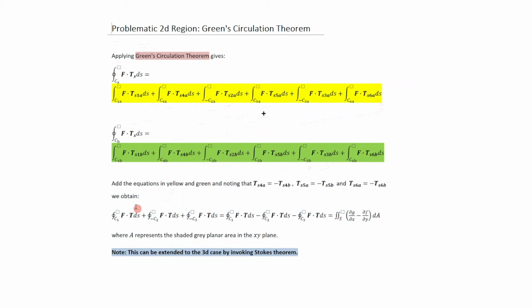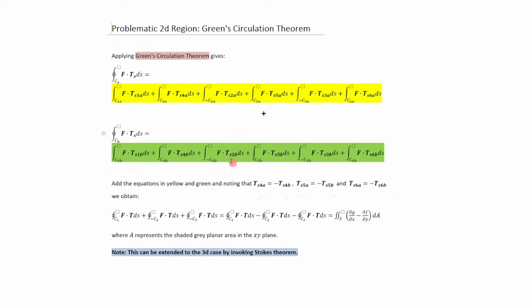So what does that do? On the left-hand side, when you add these together, you'll be going around the whole contour. And when we add them, we have to make use of the fact that TS4A is in the opposite direction to TS4B, TS5A is opposite to TS5B, and TS6A is opposite to TS6B.